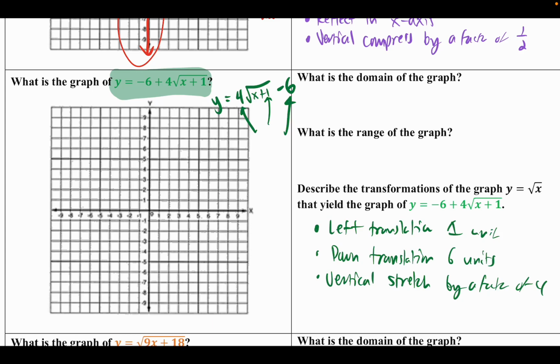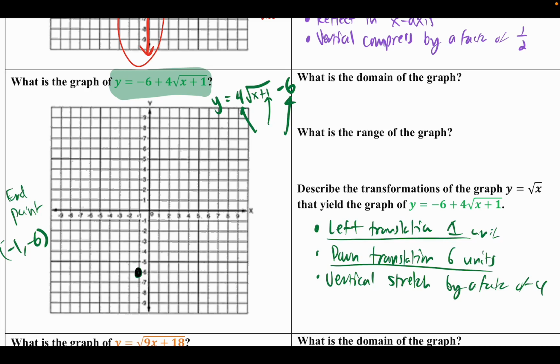Okay? What I'm always going to do when graphing square root functions is graph the endpoint first of all. Since I know it's going to go left 1 and down 6, I know that the endpoint of this graph is going to happen at -1, -6. So I'm going to plot that point right there. It'll be the endpoint, okay?